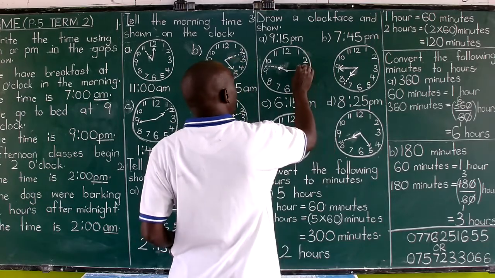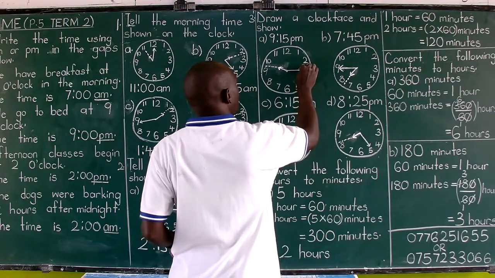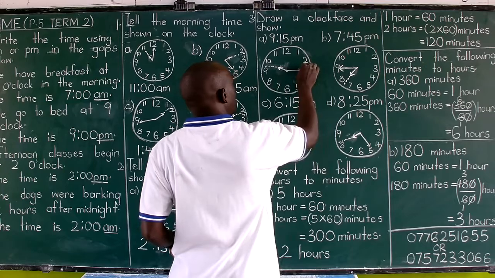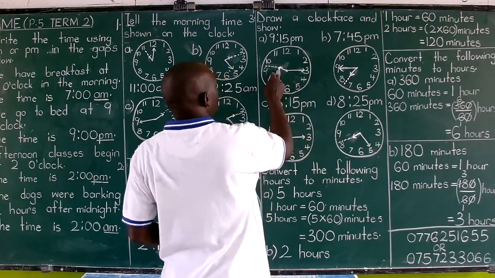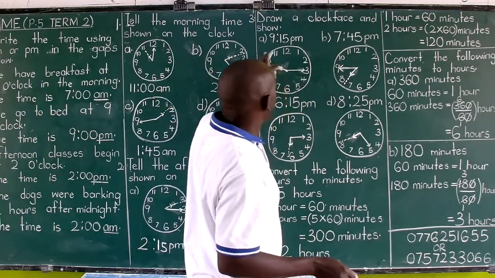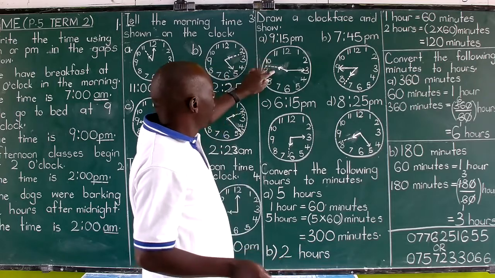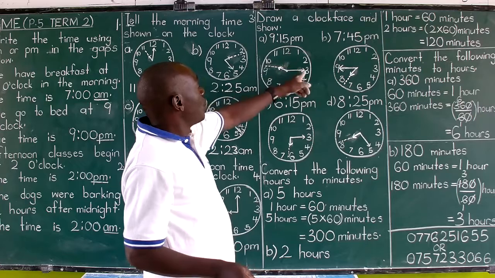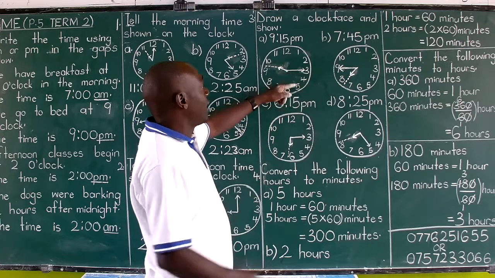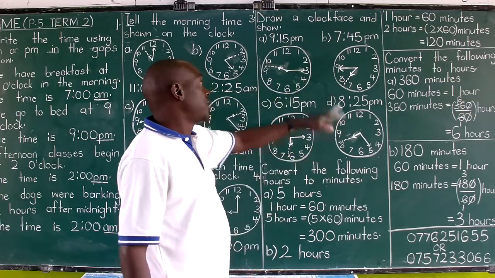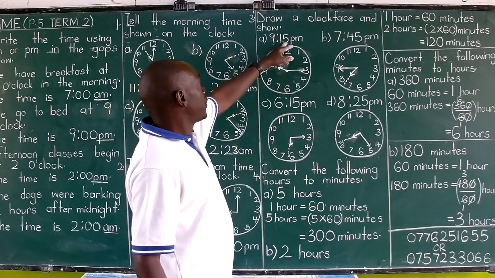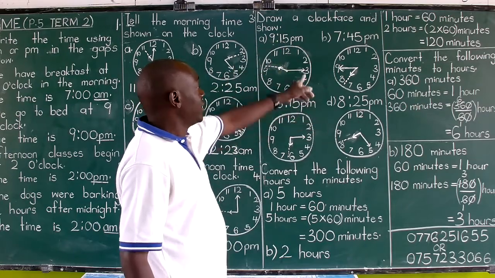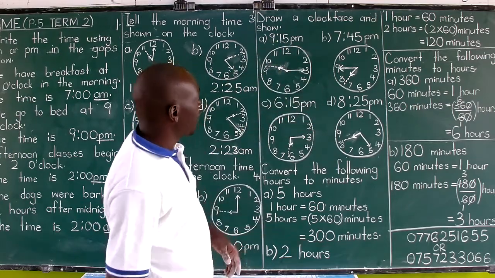So let it be longer. Let's show that it's longer. So it points at 3. This is shorter, stops there, and it shows that it has passed. Please, it must have passed. Ensure it does not point at 9 directly. So that 15 minutes have gone beyond that 9th hour. So 15 minutes past 9.